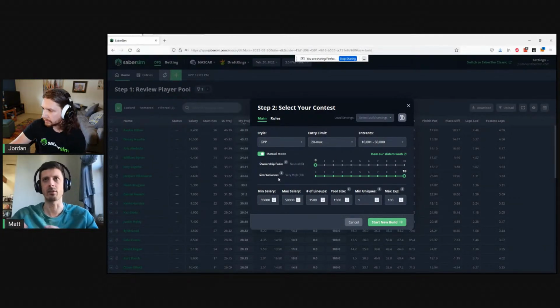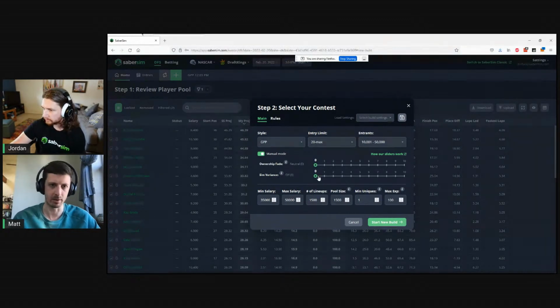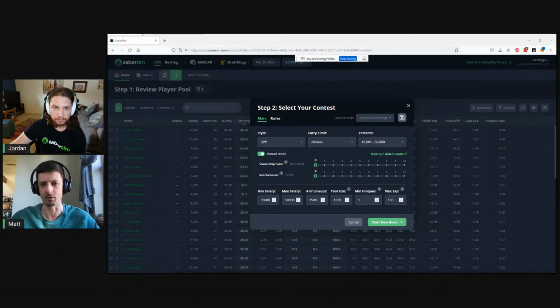Sim variance is essentially determining how many simulations of the race we use in each lineup to determine how to build each lineup. Starting with 0, if you had sim variance at 0, then each lineup is just using the average projections, or in other words, the average of all of the simulations of the race each time.